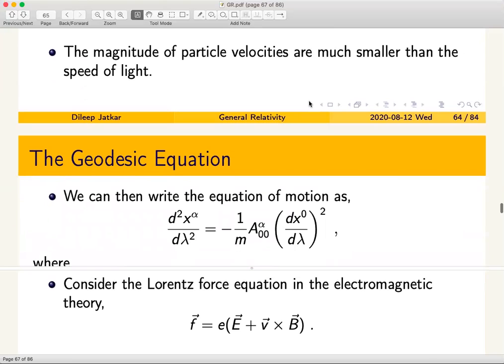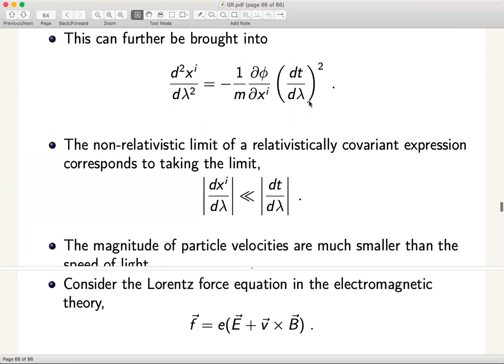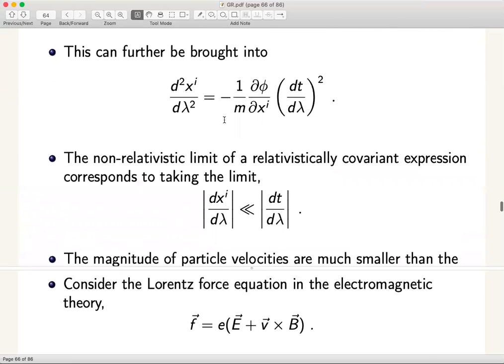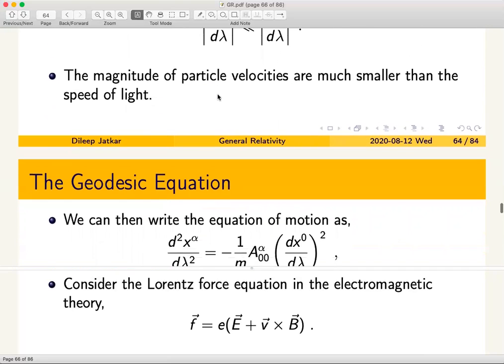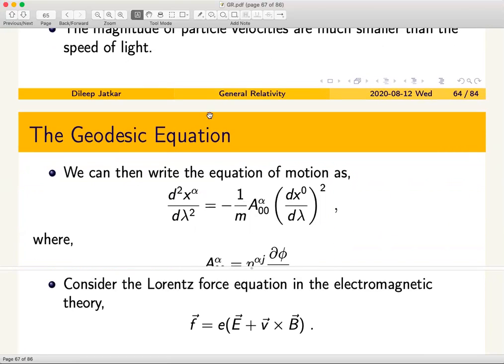But we can try to write this equation into a relativistic form by appropriately elevating indices to relativistic indices. So instead of d2 xi by d lambda squared, we can set it to d2 x alpha by d lambda squared.